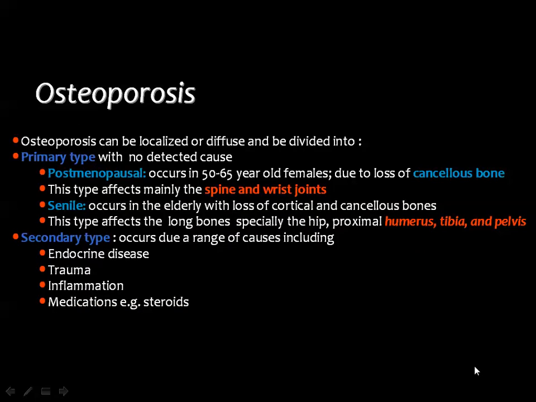Then osteoporosis can be classified into primary type and secondary type. The primary type is divided into two: the postmenopausal type, which is seen in older females, and it affects the cancellous bone in particular, and this type appears in the spine and near the wrist joint.